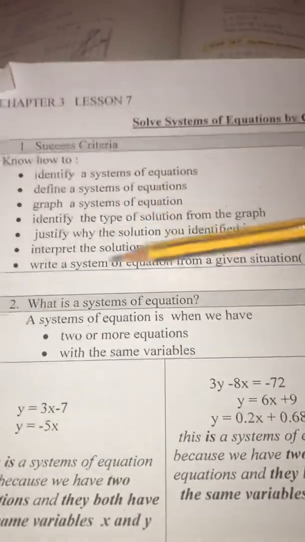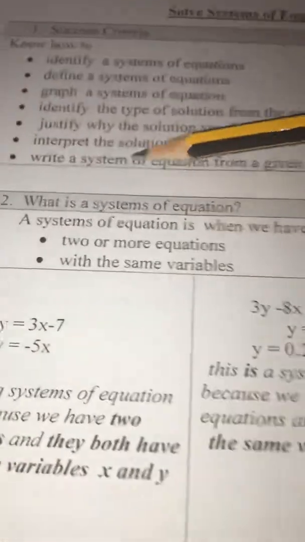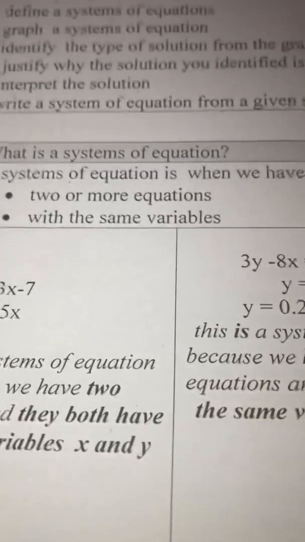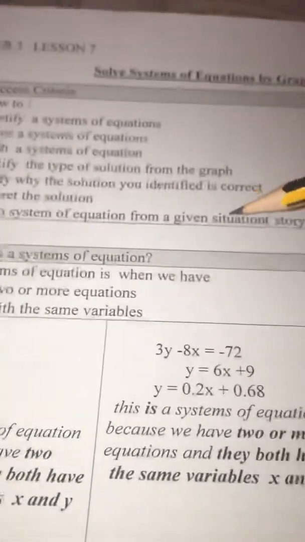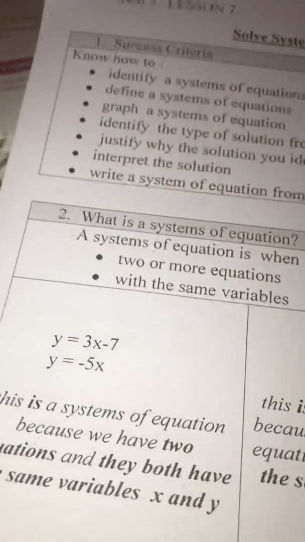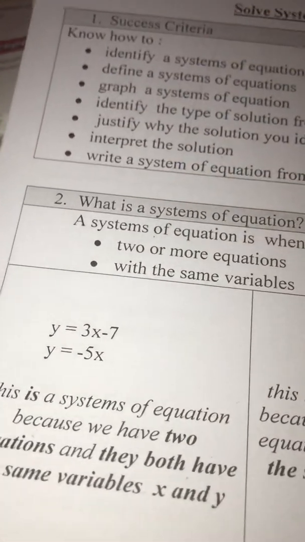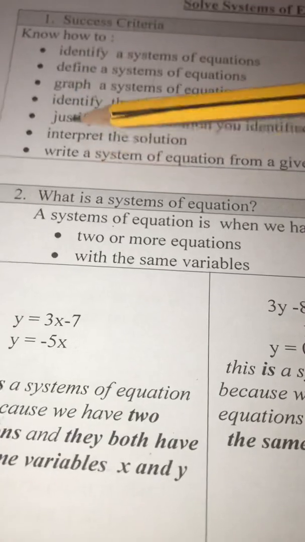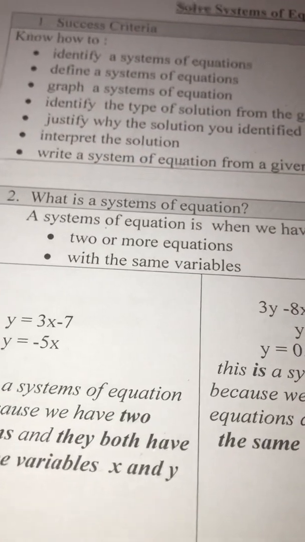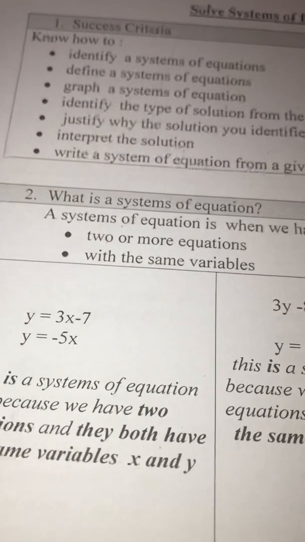So that is the success criteria. You'll be given a story, you'll be asked to write, okay? You have to write an equation, solve it, interpret it, like this. You have to justify why your solution is whatever you decided the solution to be. Okay? All right, so let's see some examples.